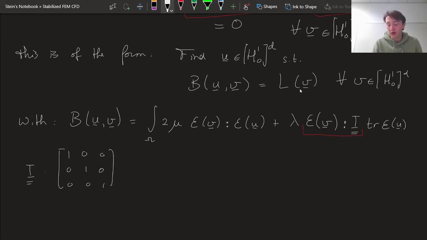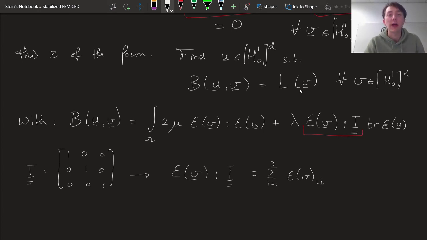That means that a double contraction of the strain with I is simply going to be the sum of the diagonal components of the strain tensor. We're taking the double contraction, the multiplication with every component.